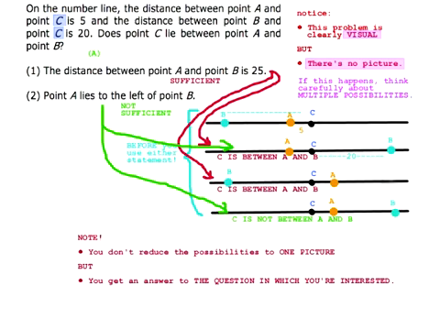So the reason why statement one is sufficient is because the question is this. The question is not what does the drawing look like. The question is, does point C lie between point A and point B?